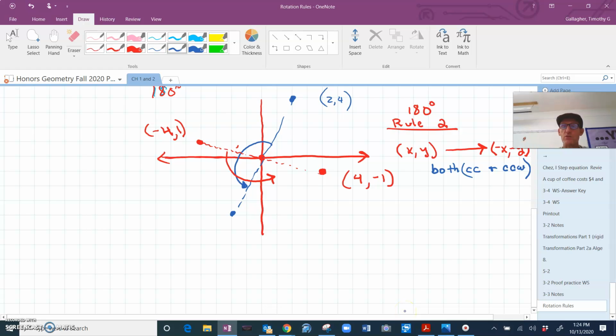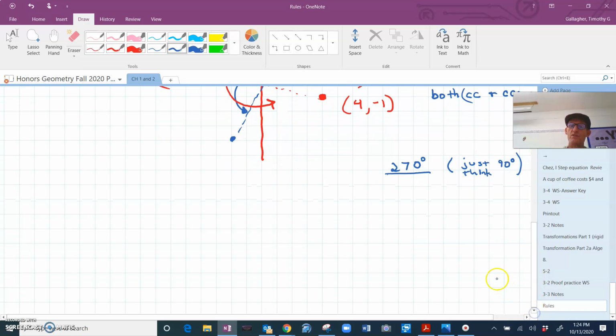Now sometimes you might have 270 degrees, and this is just like 90. Think 90 degrees, only it's the opposite. Now 270 degrees is almost 360.